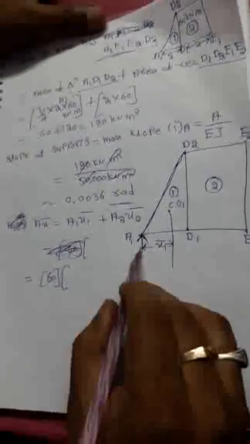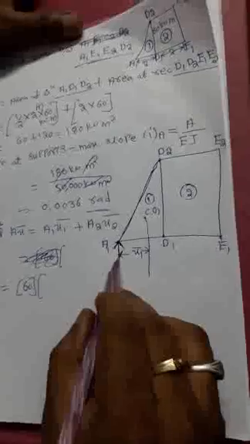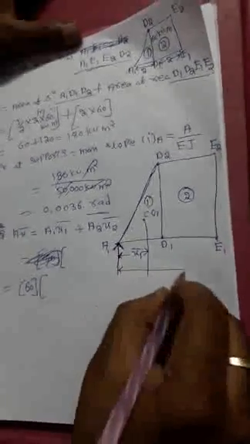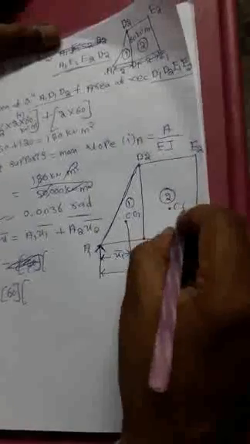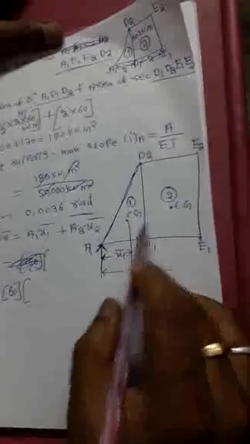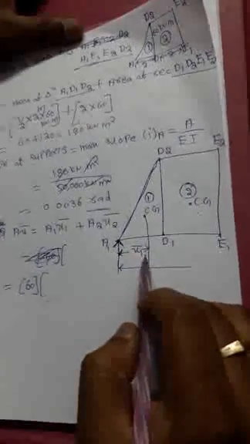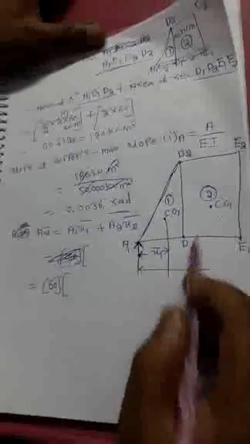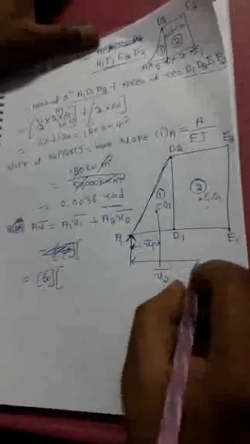From A1, this is the center of gravity point for this rectangle, and this is the center of gravity point for this triangle. So from A1 to the center of gravity point is x1 bar, and from A1 to the center of gravity of the second body is x2 bar.